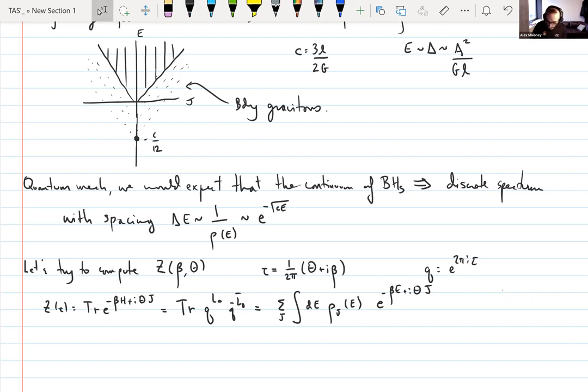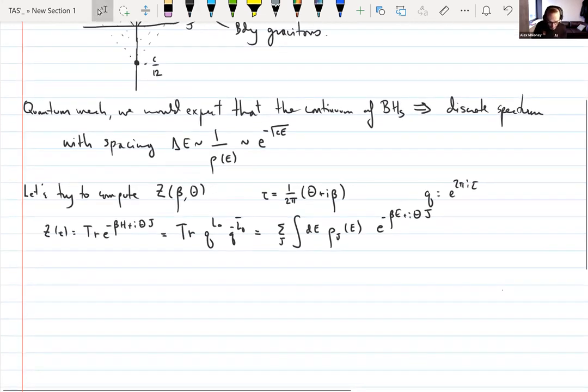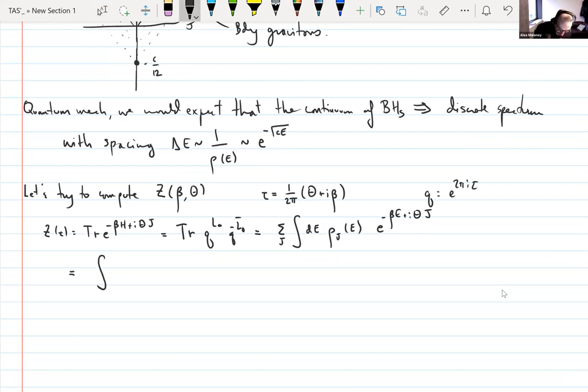Good. So how am I going to compute this? I'm going to remember that this is a torus partition function. So in particular, in a theory of gravity, what would this be? This should be a sum over all three manifolds. That is to say, a sum over all metrics weighted by some Euclidean action, because the torus partition function is a Euclidean partition function on a Euclidean torus.